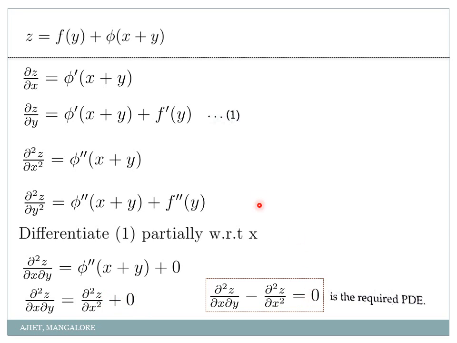Okay, so be careful whenever we have two different functions. Normally we need to go for all these differentiations: dou z by dou x, dou z by dou y, dou square z by dou x square, dou square z by dou y square, and also dou x dou y. Then you see what combinations we can do. It's just like trial and error. It's not a specific method.